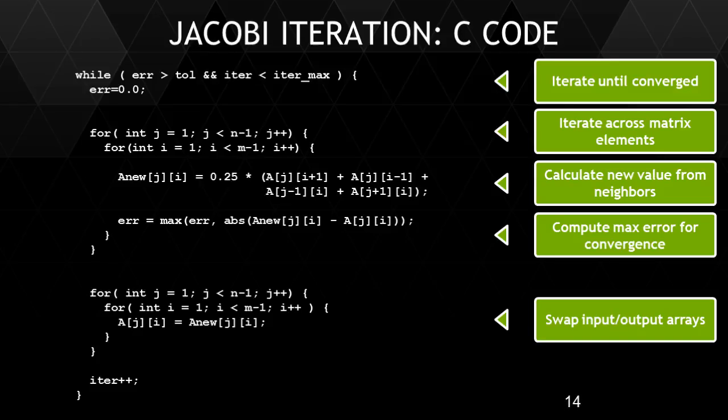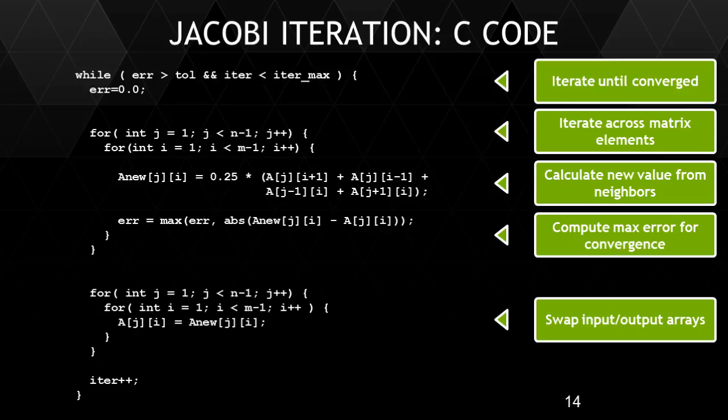So we figure out what is the maximum change that we've done across all of our array elements, and if that change is below our tolerance, we're going to say that we found a good answer. Or the other condition is we don't want to iterate beyond some maximum number of iterations. And for all of the performance graphs I'll show, we fix that so it always runs for 1,000 iterations, just to make sure it's a fair comparison.